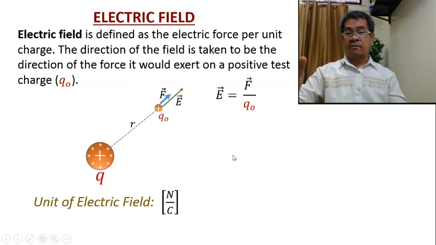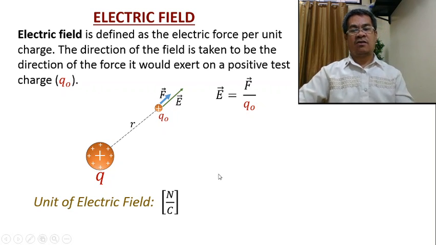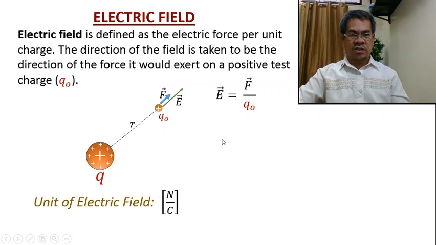The amount of force for a given charge is actually the electrostatic intensity. The amount of force applied to that charge. So we have the intensity at this point. So the intensity actually measures the amount of force per unit charge.